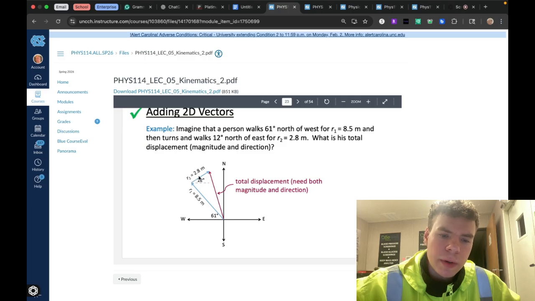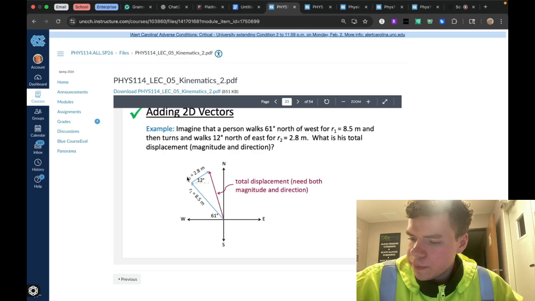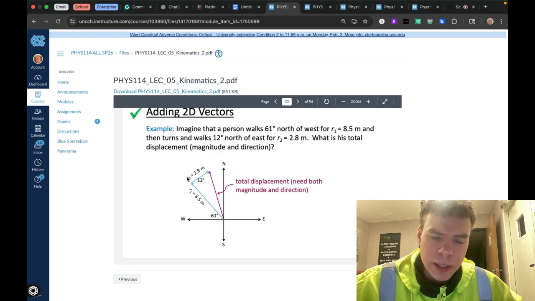To make a right triangle, it will be a 78-degree angle. So we know that we have another triangle and it is 78 degrees here.